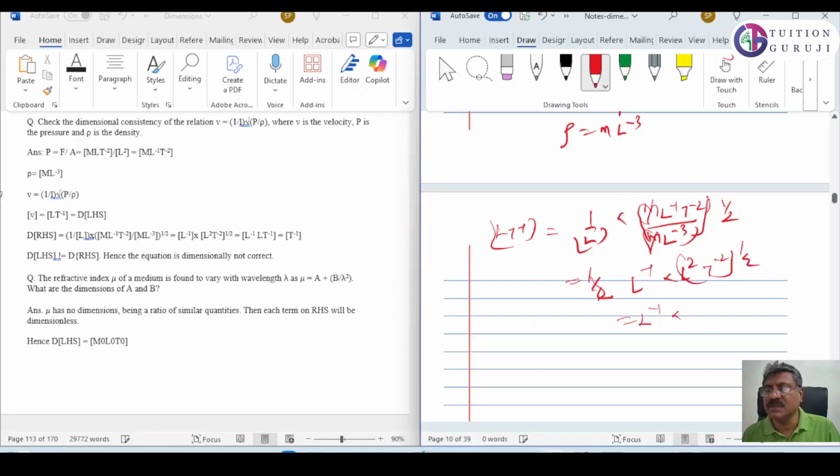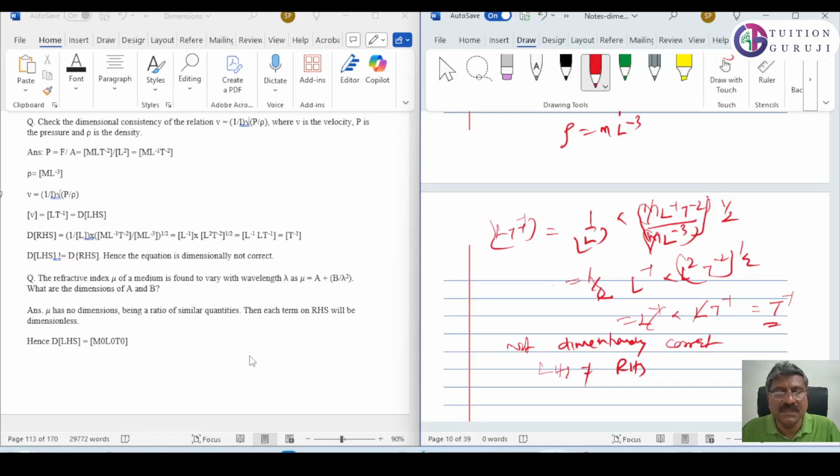It's equal to L raised to minus 1 into L T raised to minus 1, so it is T raised to minus 1. But actually the left hand side is L T raised to minus 1. Therefore LHS is not equal to RHS dimensionally, so the equation is not dimensionally correct.